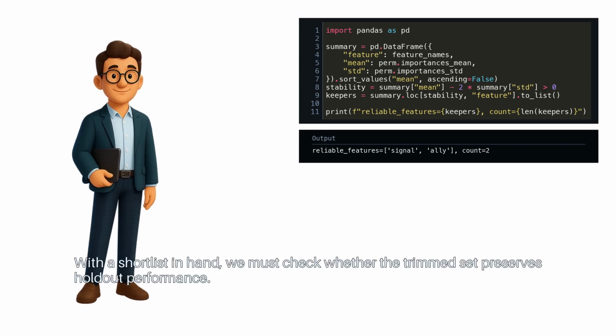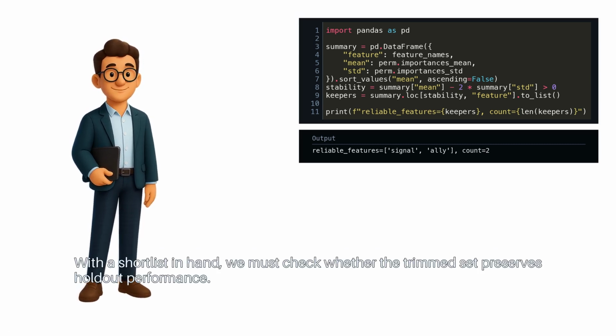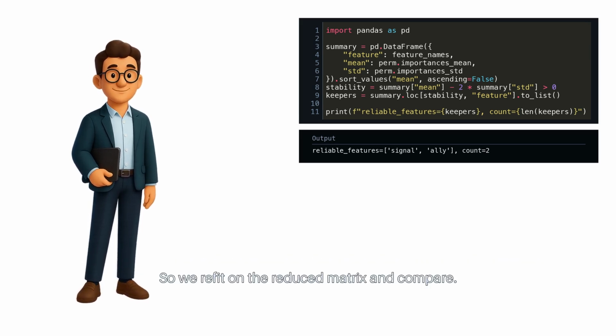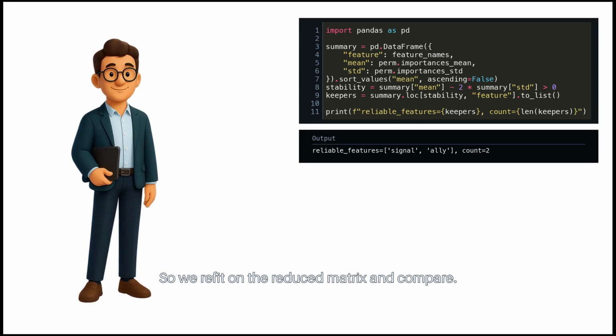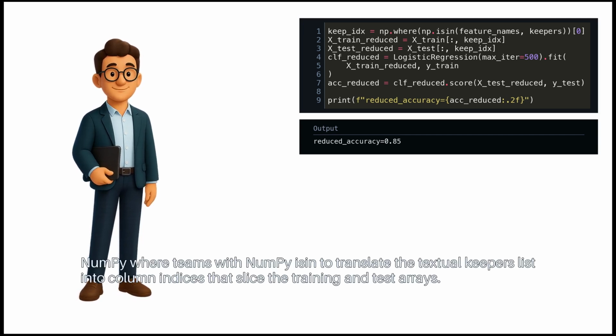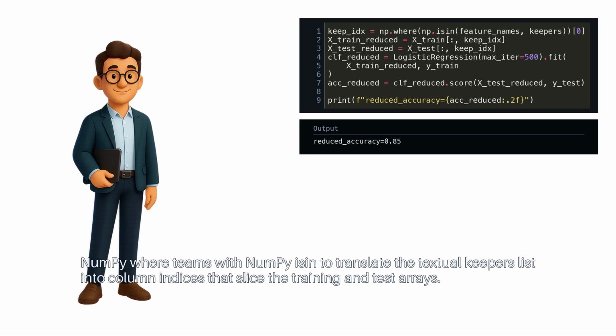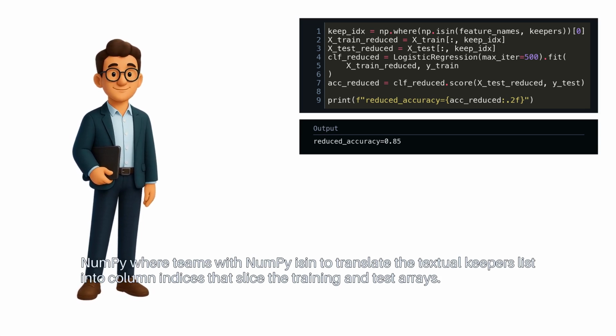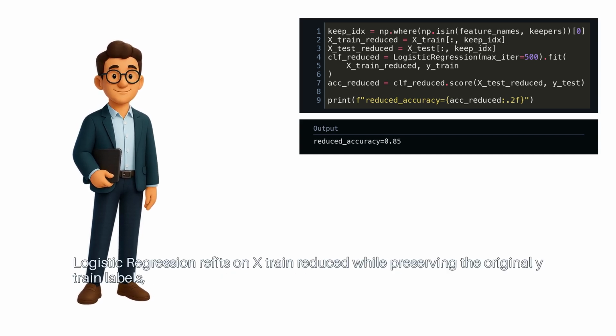With a shortlist in hand, we must check whether the trimmed set preserves holdout performance. So, we refit on the reduced matrix and compare. This code rebuilds the model on the reduced feature matrix to validate a leaner scikit-learn pipeline. NumPy is used to translate the textual keepers list into column indices that slice the training and test arrays.